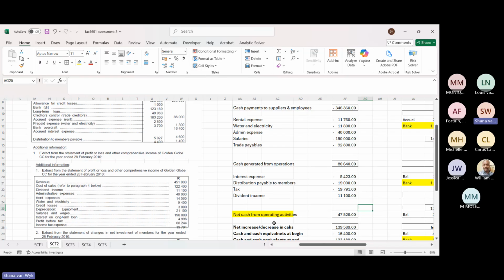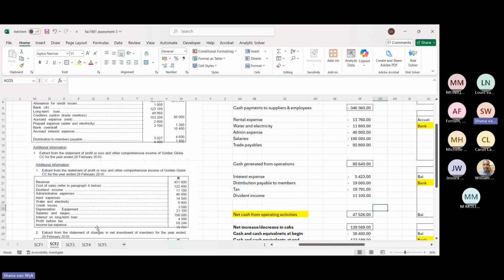Did I miss a heading maybe? No, profit before tax is mostly for the indirect method. I think this is everything. That's everything. Okay, cool.